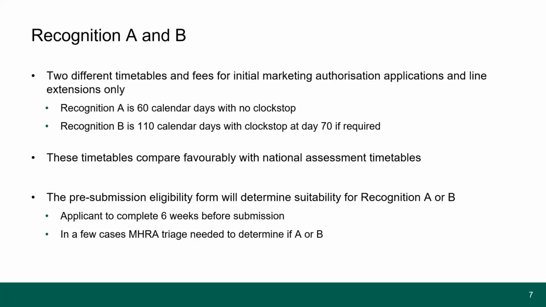But this form needs to be completed 6 weeks before submission, and in a few cases MHRA triage may be needed to determine whether route A or B is applicable, and this will be done before submission. And applications that are unsuitable for recognition A or B can be submitted via the national route.